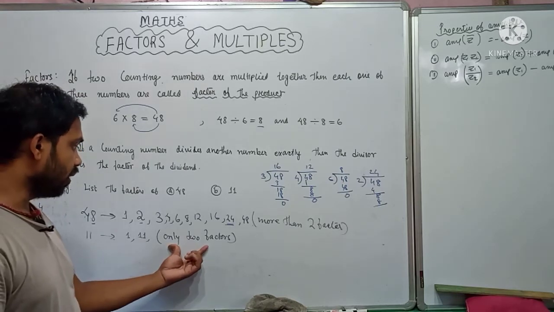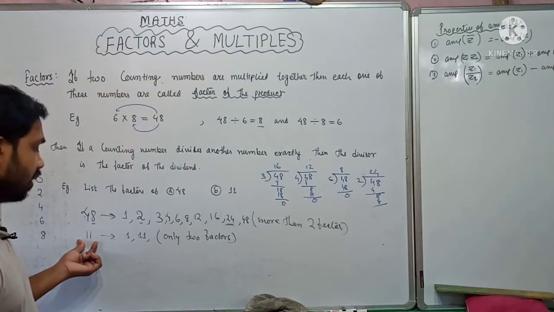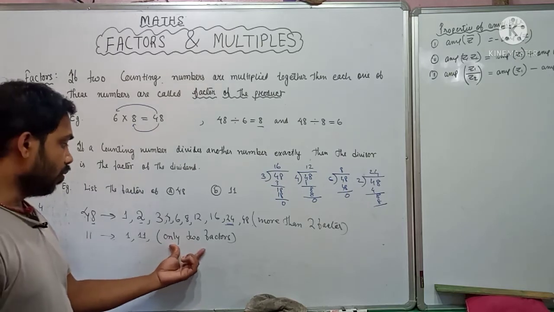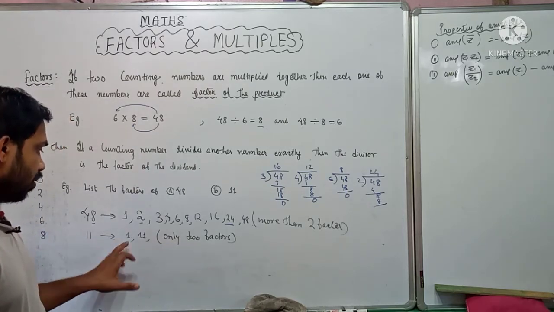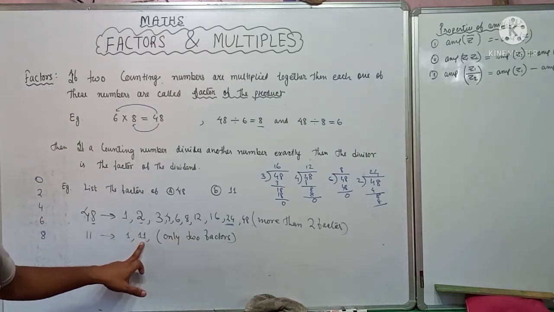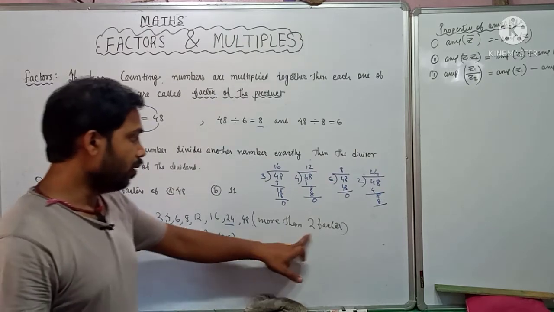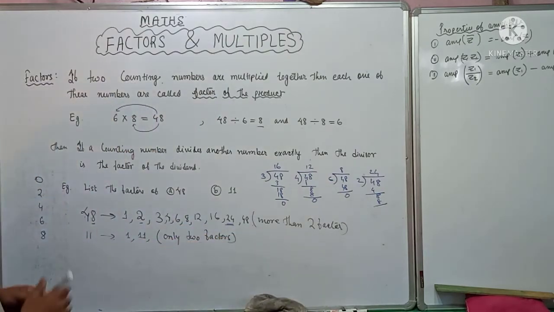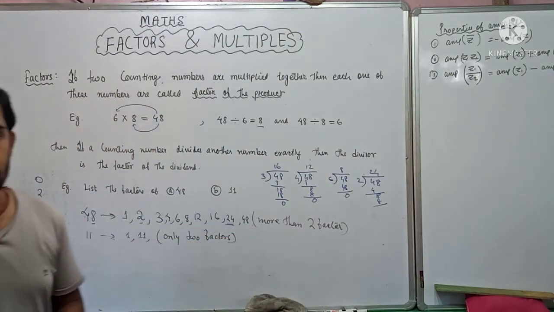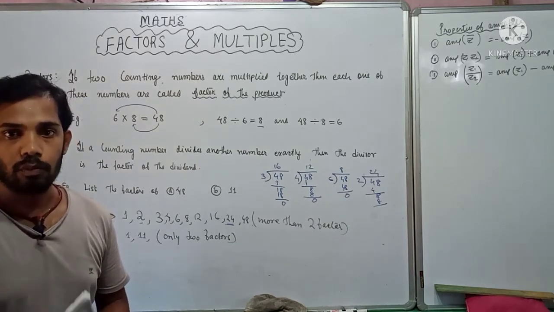So those numbers which have only 2 factors are known as prime numbers. Means those numbers which have only 2 factors, one factor is 1 and the other factor is itself, are known as prime numbers. But those numbers which have more than 2 factors are known as composite numbers. So the next topic will be prime and composite numbers.